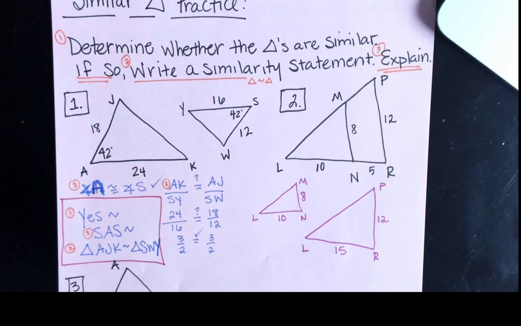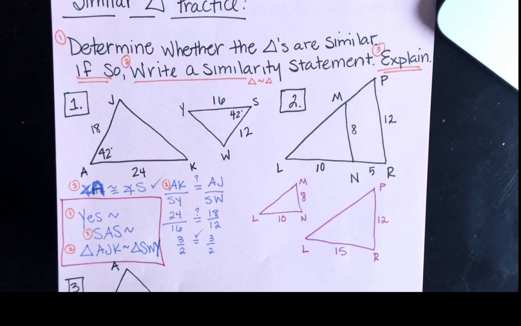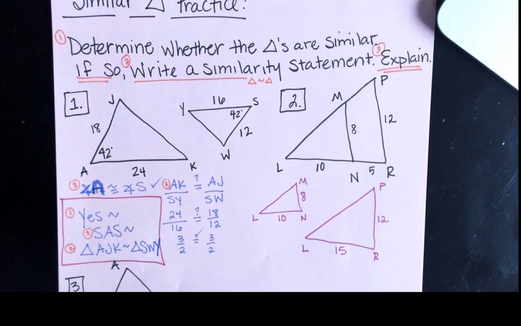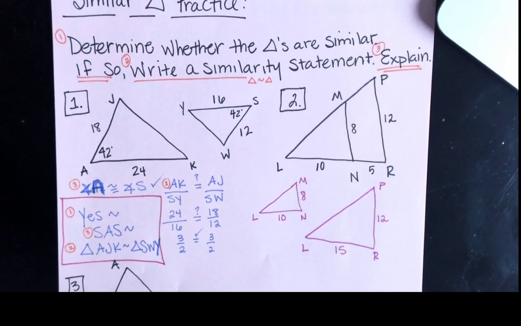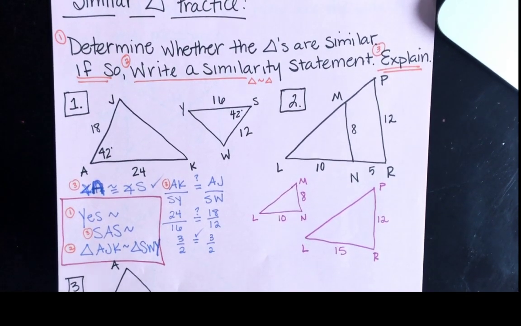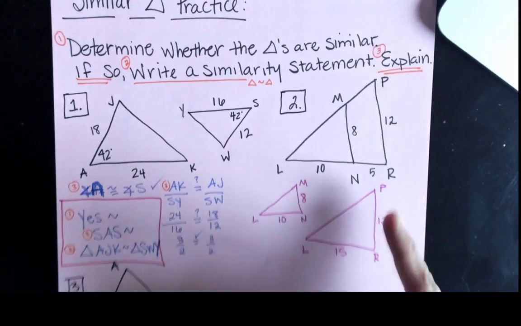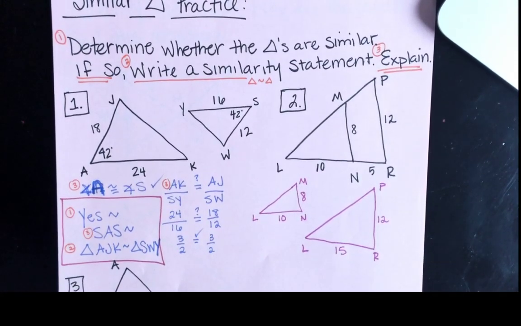So right now when I look at this, it only has 2 sides listed. So it's not going to be side, side, side. It cannot be side, side, side because we don't have 3 sides listed. So that means it's got to be side angle side or angle angle. And it's probably not going to be angle angle if they wasted the time to put the numbers in the picture.